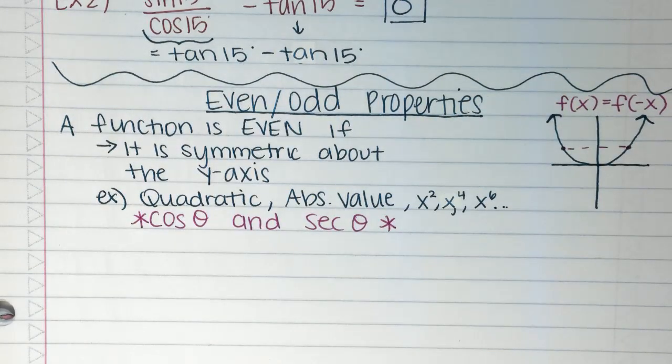Do you agree that cosine is negative in the second quadrant? But even though it's negative in the second quadrant, it still has the same y value, regardless. So that's why it's even. It's symmetric about the y-axis. And because cosine is, secant is as well.